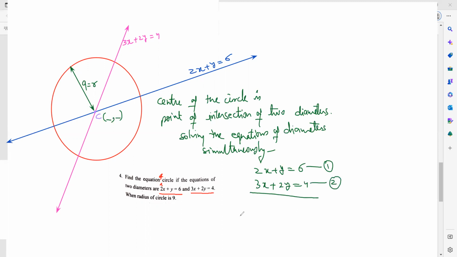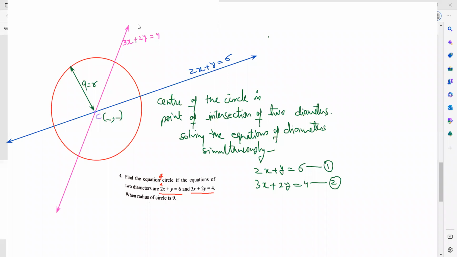The x value will be the x coordinate and the y value will be the y coordinate of their point of intersection, which is nothing but the center. So you will get the coordinates of the center. Okay, so come on, solve these two equations simultaneously. Do it.